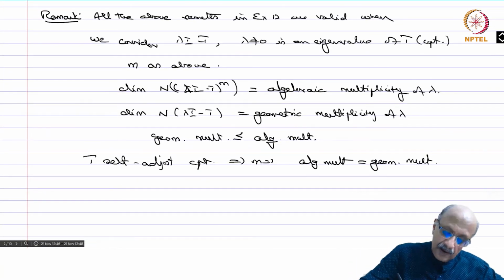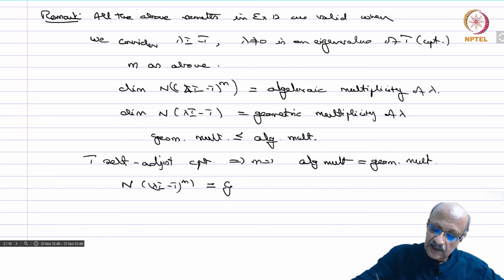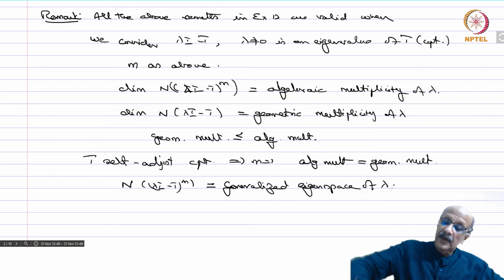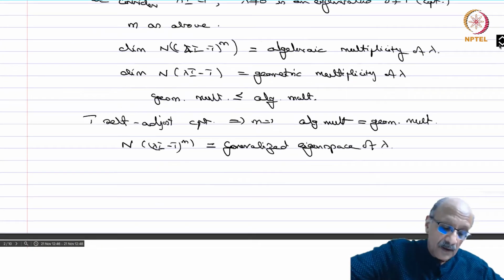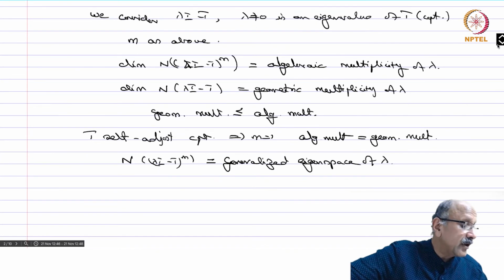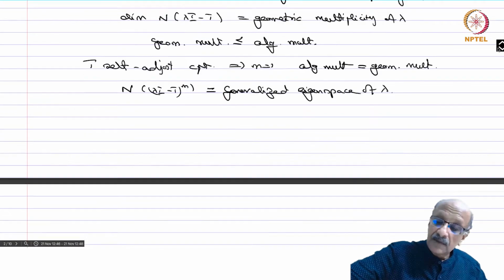And the null space of (lambda I minus T)^M is called the generalized eigenspace of lambda. Okay. So now let us continue. So 12, now we are in 13.